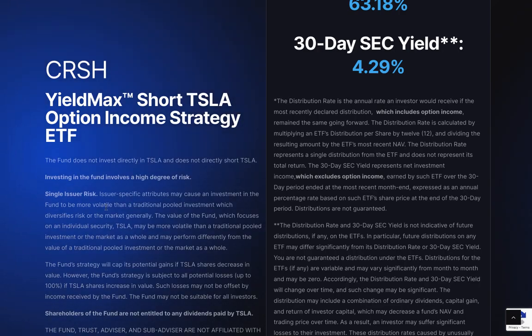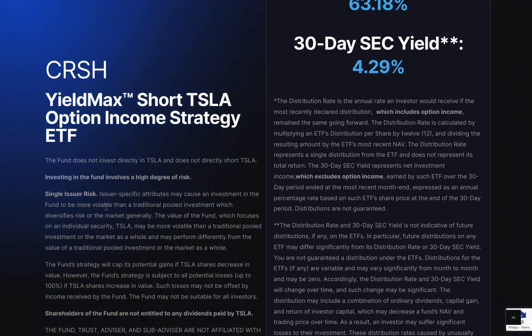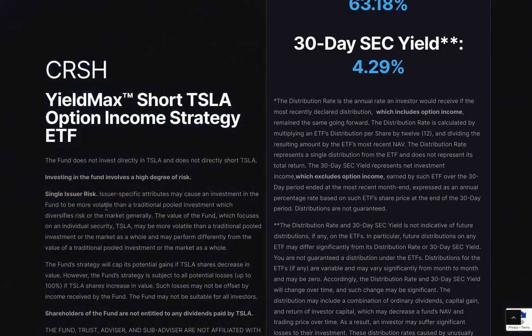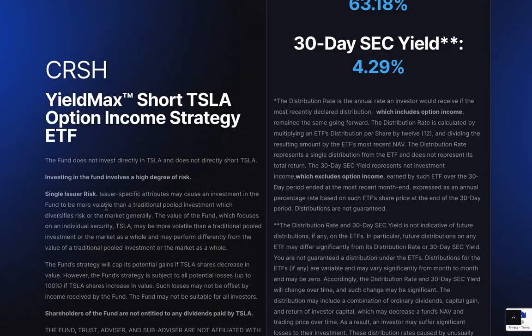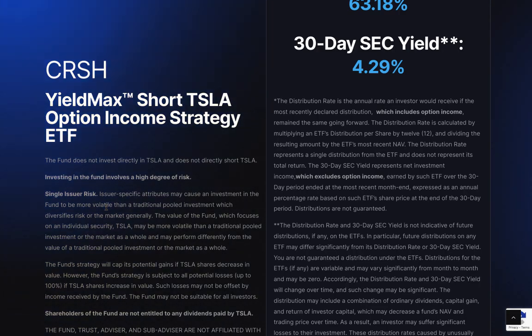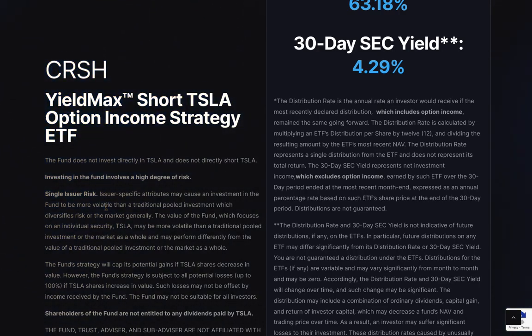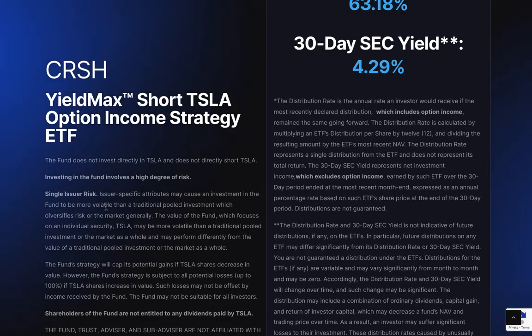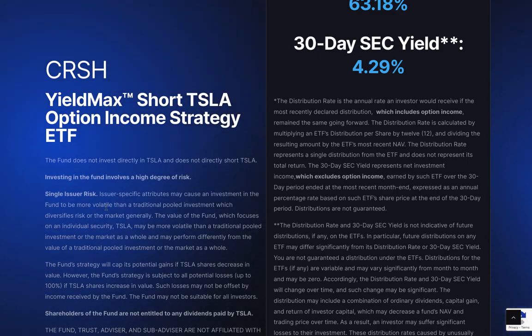So what this ETF does, CRSH and Fiat, what they're doing is they are buying an at the money put, then they're selling an at the money call. Okay, so that gives them a delta of negative 100. Against that negative 100 delta, they sell a short term weekly put.